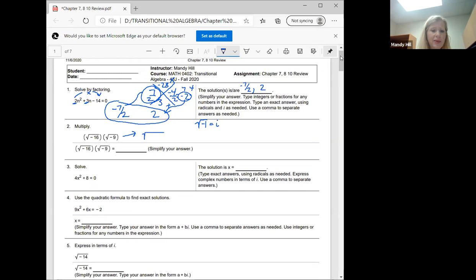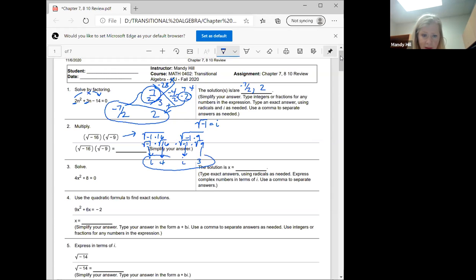So if I rewrite these as -1 times 16 and then -1 times 9, you would see that I could split these up: the square root of -1 times the square root of 16 times the square root of -1 times the square root of 9. Well, this would give me an i. The square root of 16 is 4. This would give me an i, and the square root of 9 is 3.